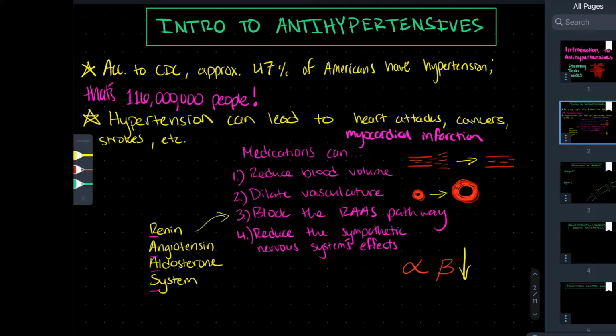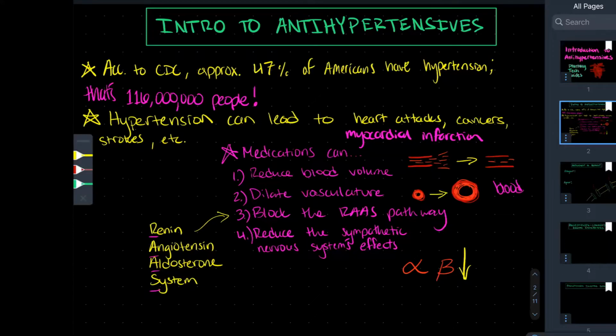And these medications act in really, I'd say, four main ways. And we'll go over each of these ways in more depth as we go through the various classes of medications. So, medications can reduce blood volume. They can dilate the vasculature or the arteries and veins and just your blood vessels.